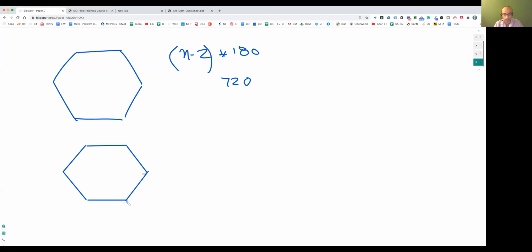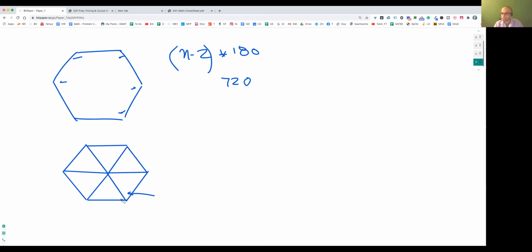Now, this one doesn't look very much like a regular hexagon, but trust me, all of these angles and sides are equal. My question to you is, you already know this angle plus this one plus this one plus this one plus this one plus this one is 720. Now think about this angle here.